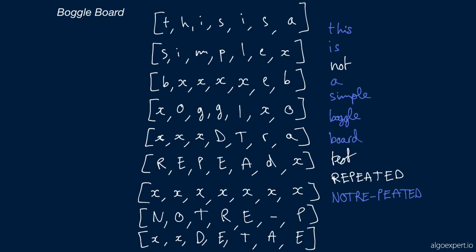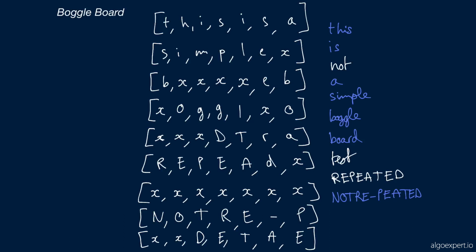Now, for a word to be found in the boggle board, it has to appear with all of its characters in order, but all of the characters have to be adjacent either horizontally, vertically, or diagonally in the boggle board, right? So they can be weirdly positioned so long as they are adjacent in one of those three ways in order. And you cannot reuse a character at a given position more than once.